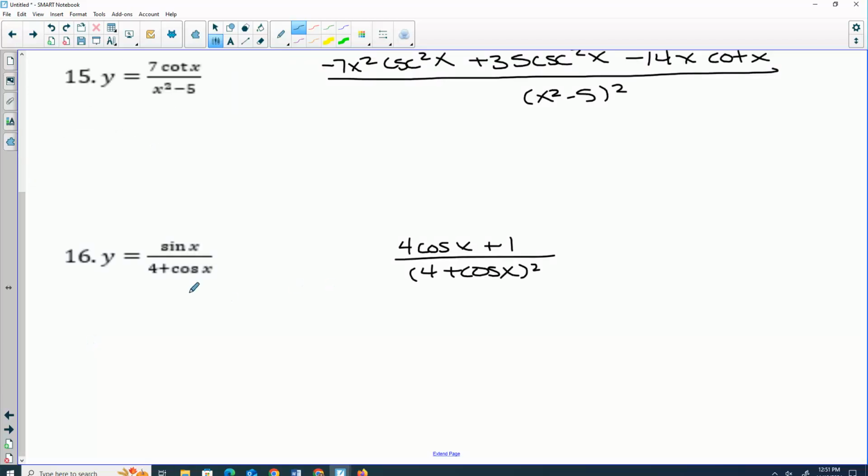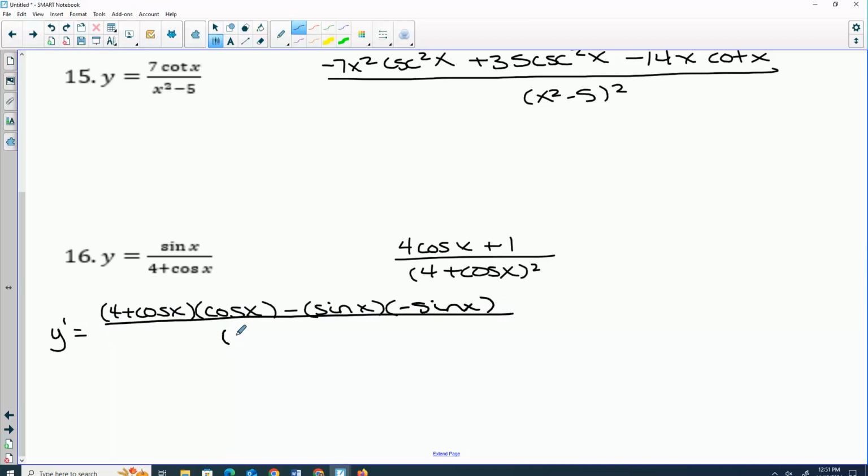Okay, let's look at this one. So, quotient rule. Low d high: derivative of sine is cosine, minus high d low: derivative of 4 is 0 plus derivative of cosine is negative sine, over low squared.